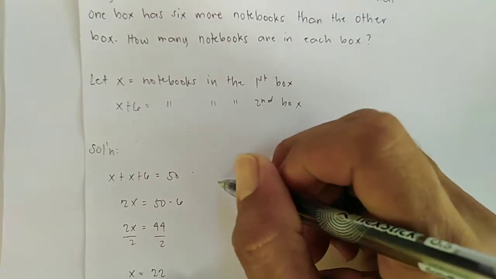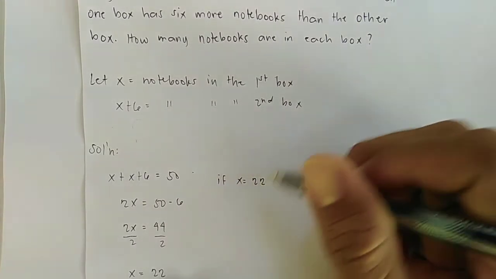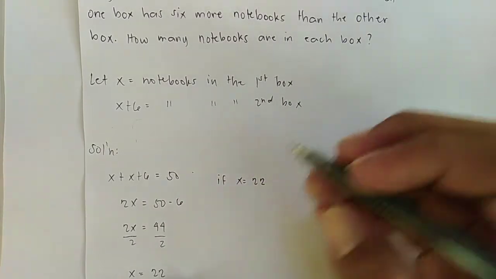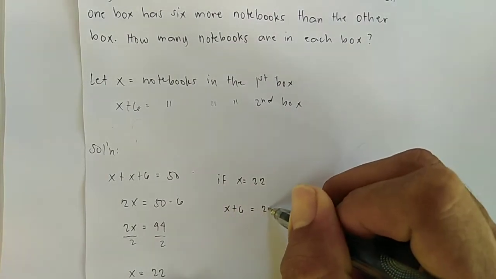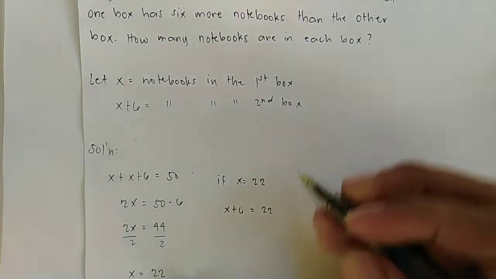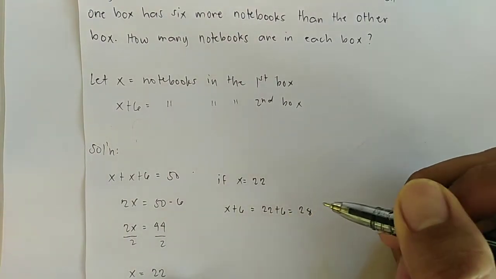6 to find the number of notebooks in the second box. So we have here, if x is equal to 22, which is the amount of notebooks in the first box, then we have x plus 6 for the second box. Since our x is 22, then 22 plus 6 is equal to 28.